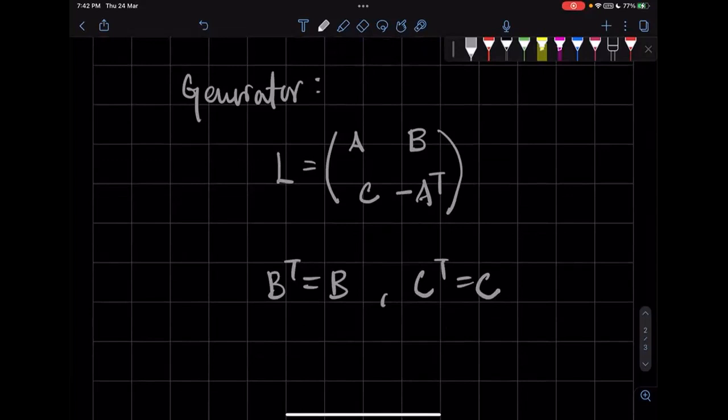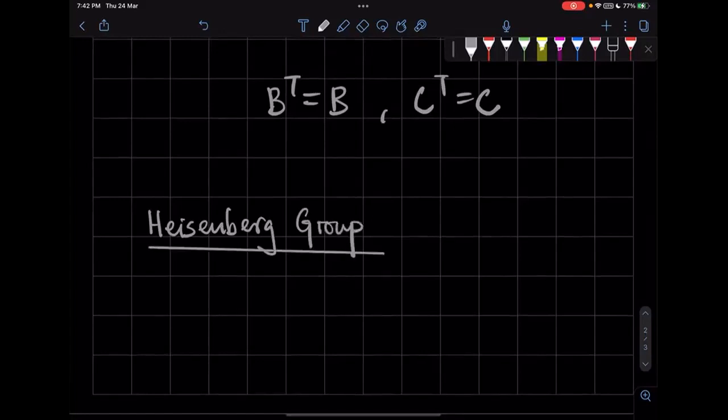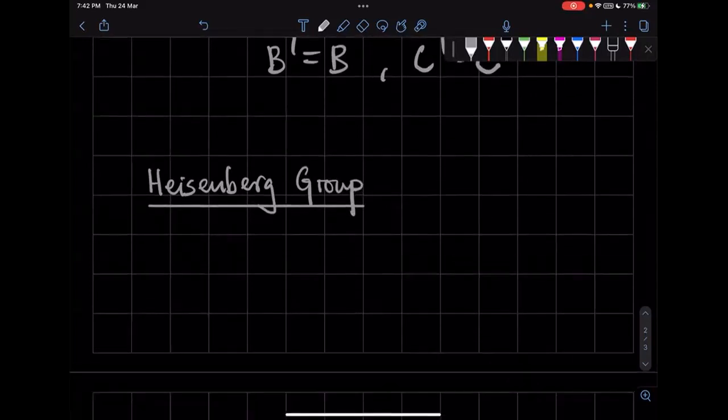And today I want to start with the Heisenberg group. The Heisenberg group comes about from quantum mechanics.